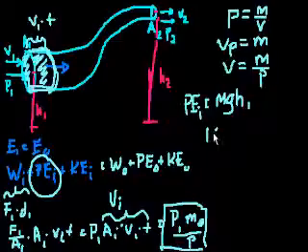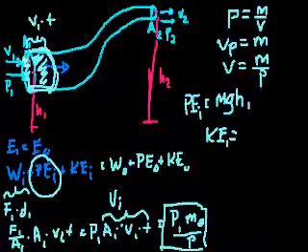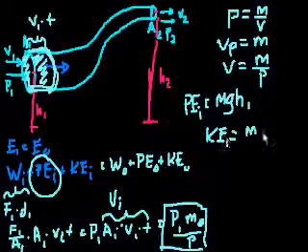And what's the initial kinetic energy of the fluid? Well, that equals the mass of the fluid, of that same cylindrical volume that I keep pointing to, times the velocity of the fluid squared, divided by 2. We remember this from kinetic energy.